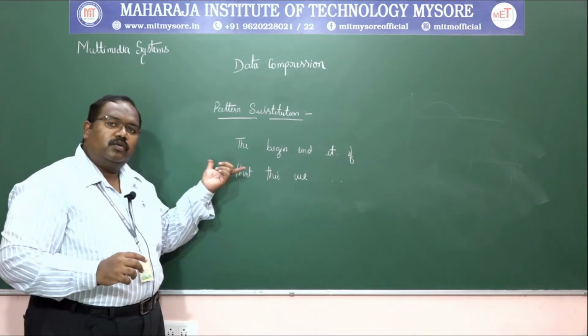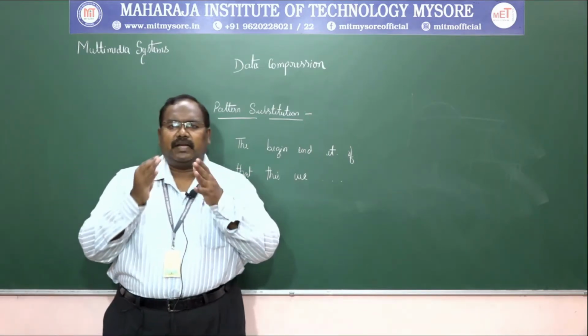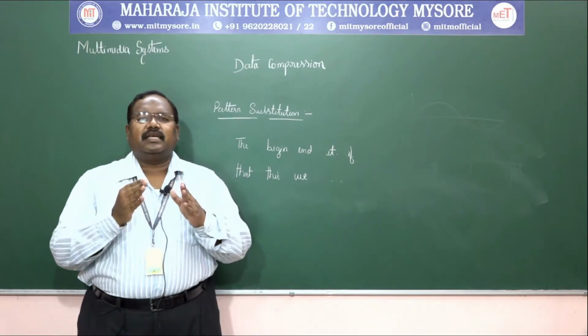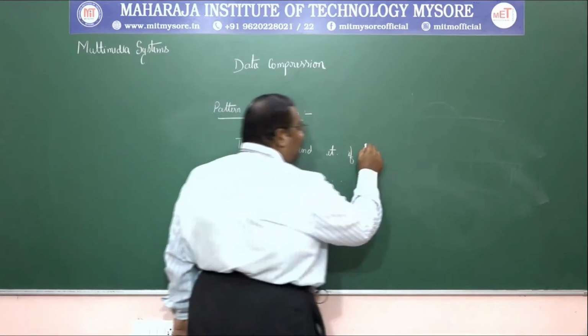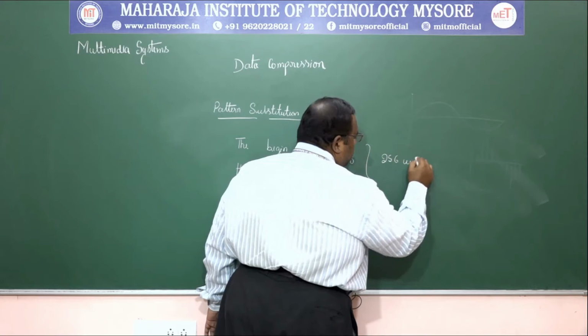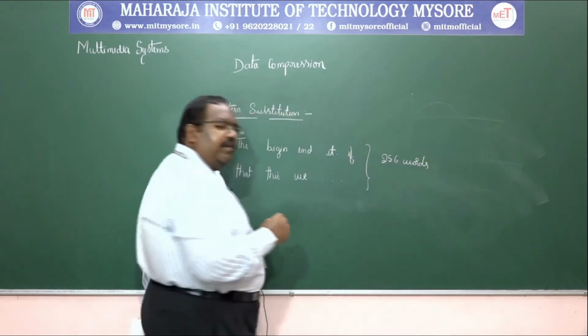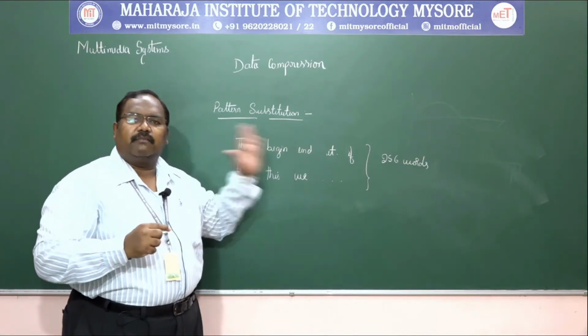In order to use pattern substitution, each pattern is assigned a particular character. We can go up to 256 words. For the 256 words, we can establish a pattern or a character representing it.